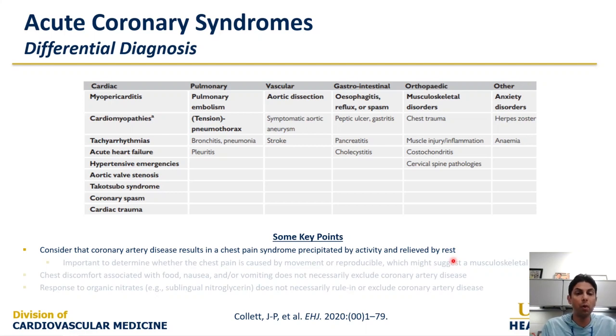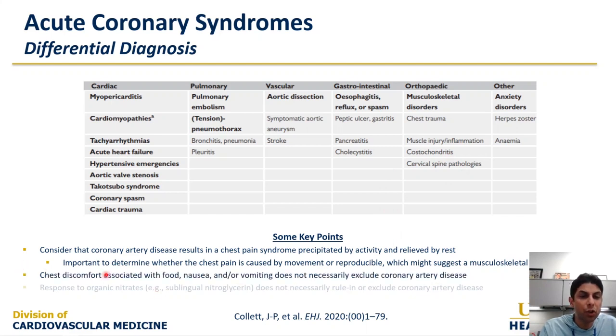And maybe there's a progression where maybe a couple of weeks ago it was only happening with activity and now it's happening at rest even. So that would be the crescendo angina. We also want to make sure that we're determining whether the chest pain is caused by movement or is reproducible with palpation. If it's reproducible with palpation, we might consider costochondritis as a possibility.